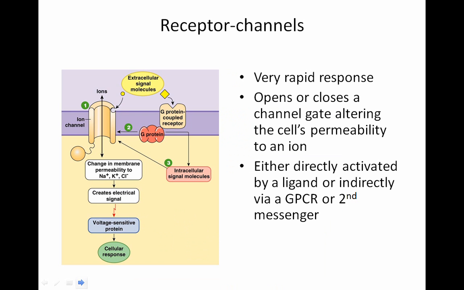The last one is the receptor channel, which is very, very easy, a very rapid response. The diagram is trying to show you that there are actually multiple ways to do it. When you activate a receptor channel, you're basically taking a ligand and binding to the channel itself, changing the permeability of the membrane, so ions can actually come rushing through.